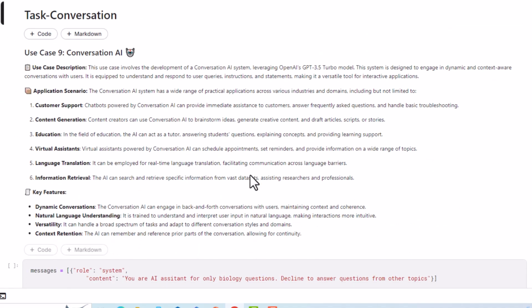The next task is about conversation AI. Conversation AI is really useful in multiple applications like customer support, content generation, education, virtual assistant, or information retrieval.